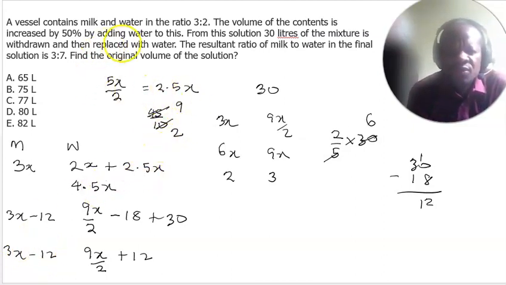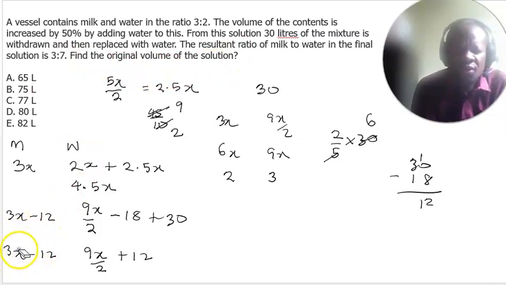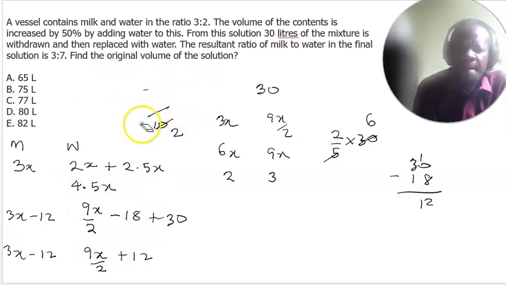Okay, so let's continue. The resultant ratio of milk to water in the final solution is 3:7. So that means the ratio of the new volume of milk to that of water is now 3:7. So let's wipe all this off.